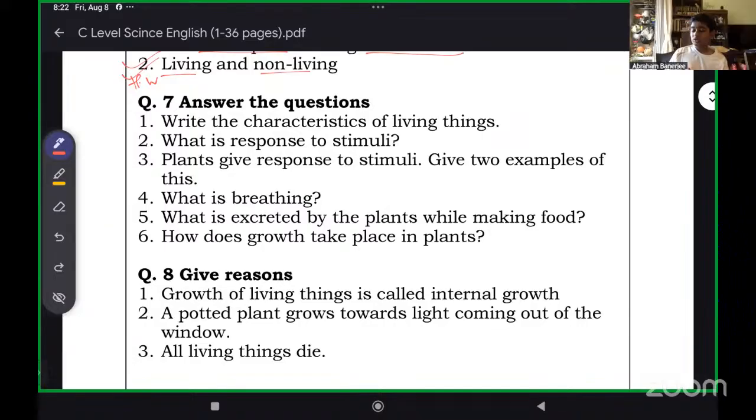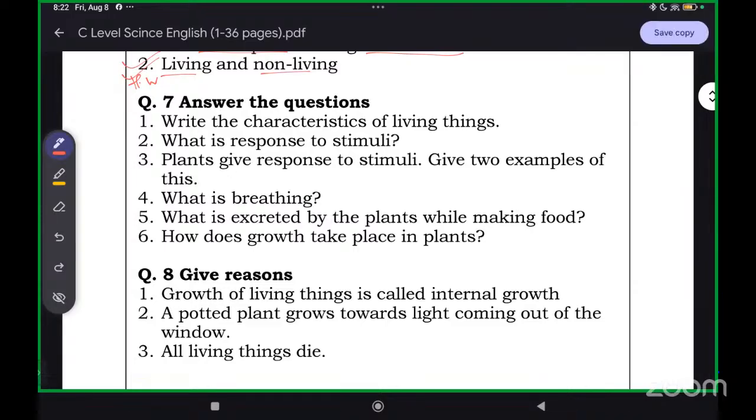Ma'am, do you want me to write the answers in a notebook or in the book? It is better if you write the answers in your notebook. Seventh and eighth questions also, write the answers in your notebook.